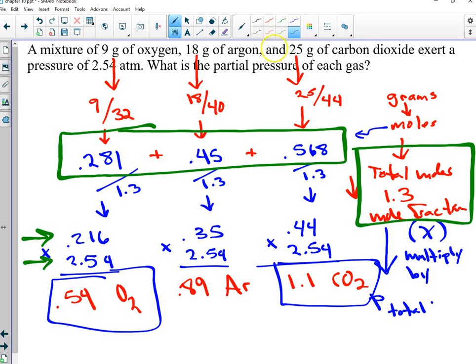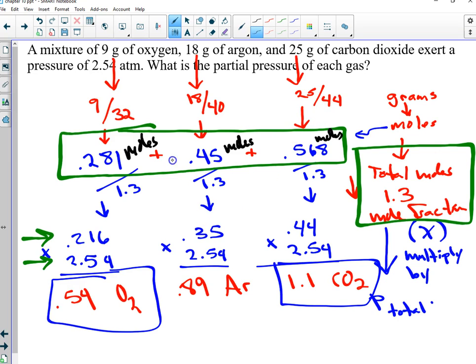Trying to follow my own process of writing here. The first thing I did was divide each by their molar mass to find their moles. So that's step 1: convert each individual part to moles. Divided by 32, divided by 40, divided by 44.